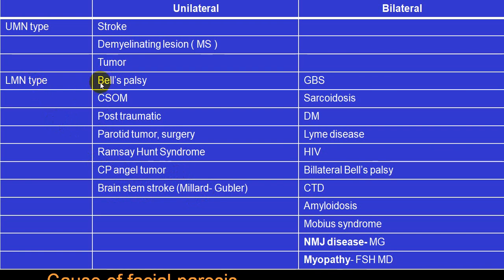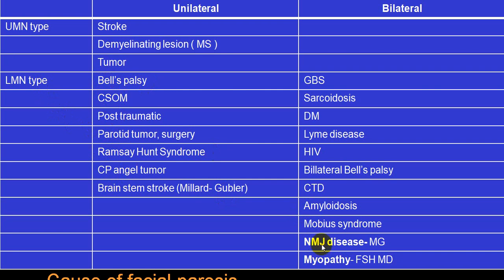If we cannot identify the cause of lower motor neuron type of palsy, then only we label that as Bell's palsy. All these conditions where we can identify the etiology, we label that as lower motor neuron palsy, not as Bell's palsy.